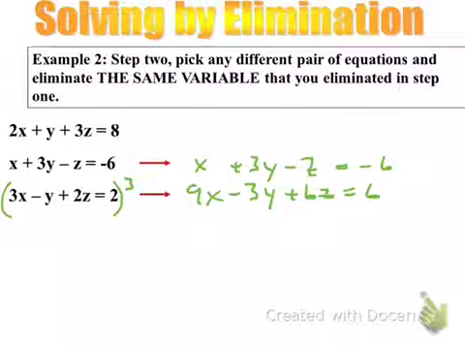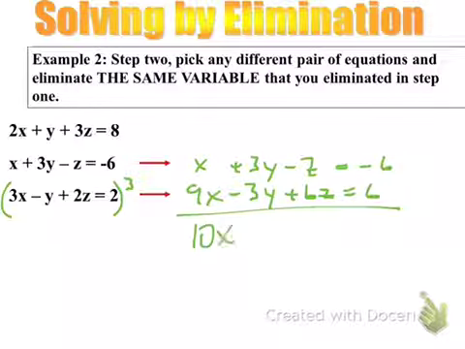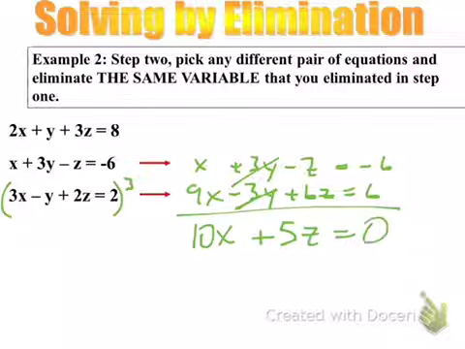Be really careful doing too much mental work on these 3x3s. There are a lot of steps and a lot of ways for things to get lost. Then if we do that addition, we get 10x, these are gone, plus 5z equals 0.